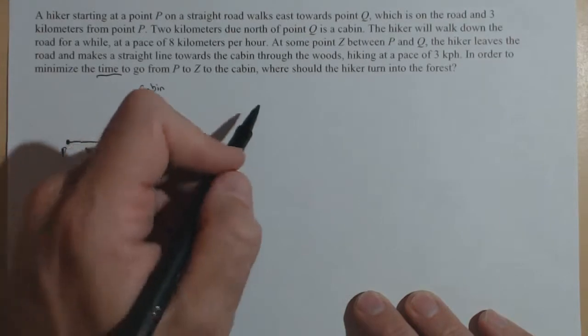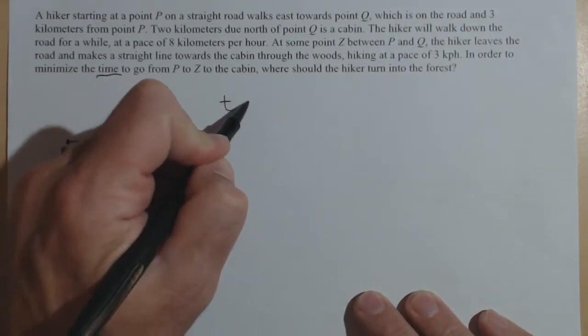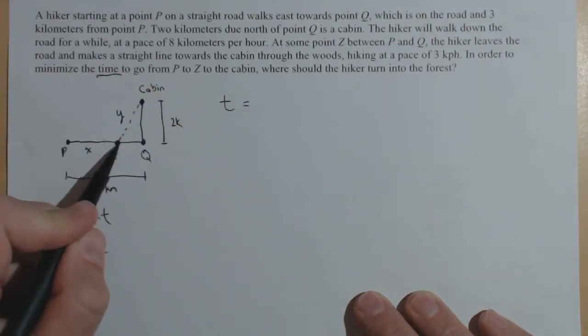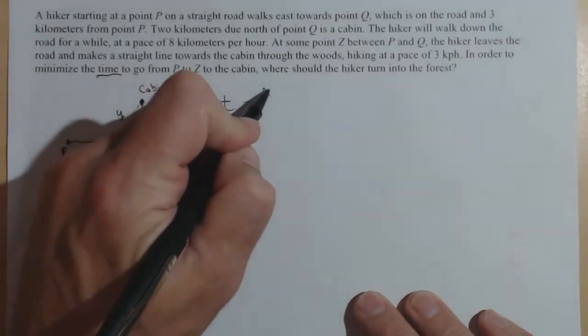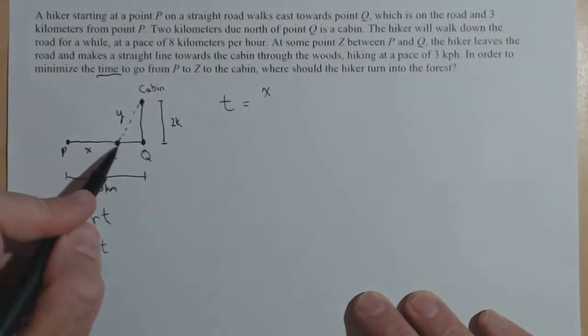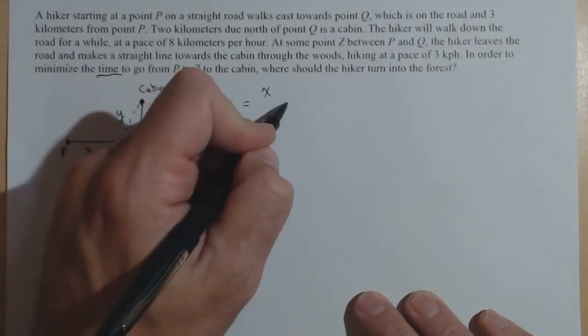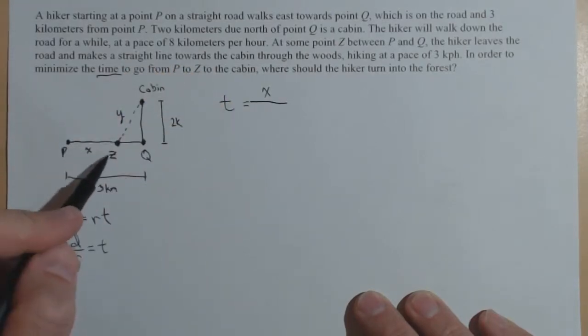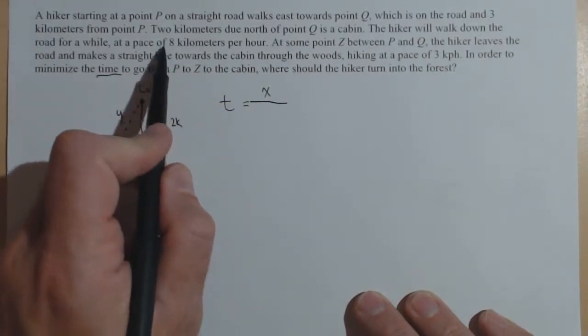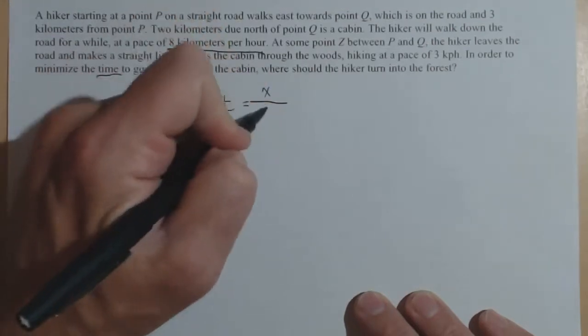So as we start to build our function, first off, my time from P to Z is going to be my distance from P to Z, which I've called x, an unknown, over my rate from P to Z, which we were told is 8 kilometers per hour.